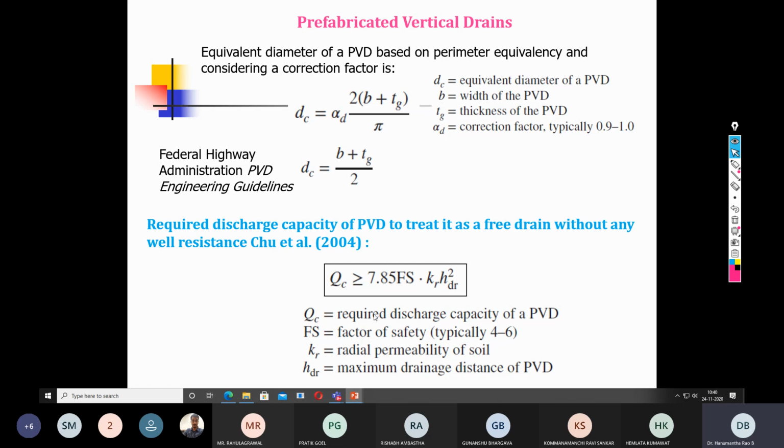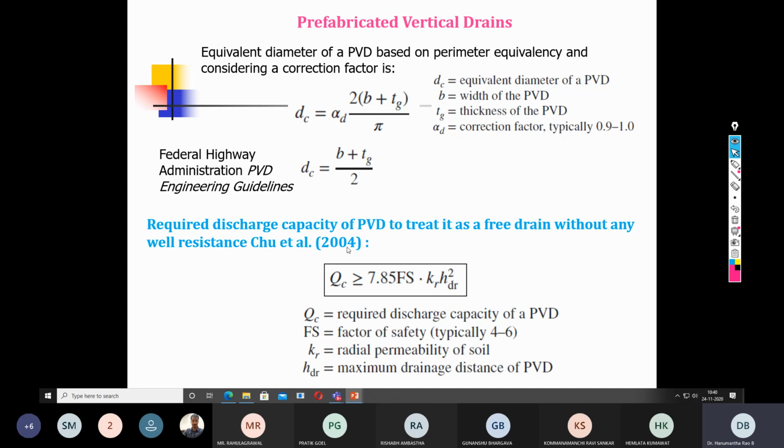Then some other guidelines when you go for the PVD installation: the minimum discharge capacity of the PVD should be calculated and you should ensure that it is greater than this. The required discharge capacity of PVD, Qc, should be greater than or equal to 7.85 times the factor of safety into Kr into H square, where Qc is the required discharge capacity of a PVD.